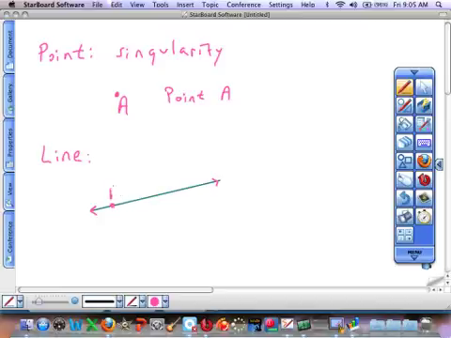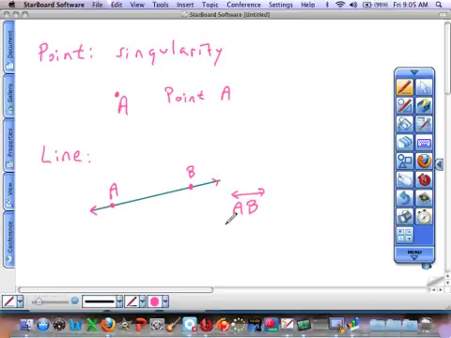And we have multiple ways that we can label a line. Most of the time what you're going to see in geometry is we're going to label this with 2 points. Any 2 points on the line can be used to name that line. We would call this line AB. Notice the symbol on top of the AB. Actually, it looks like a line.